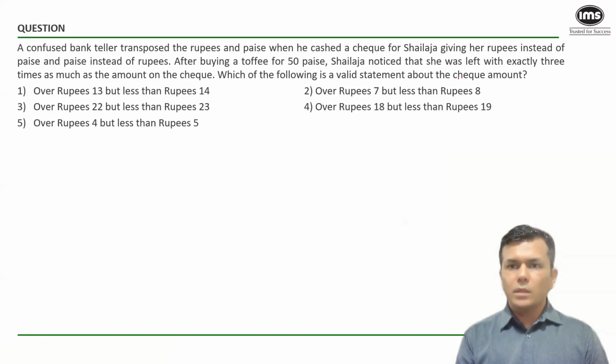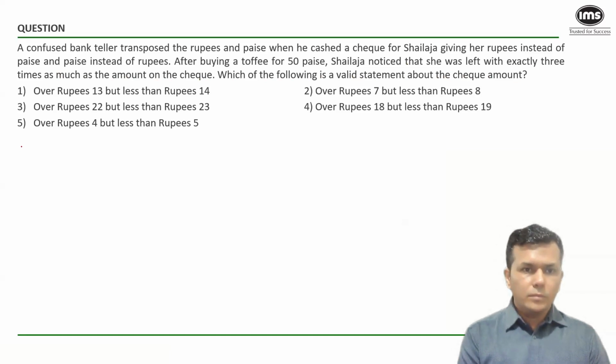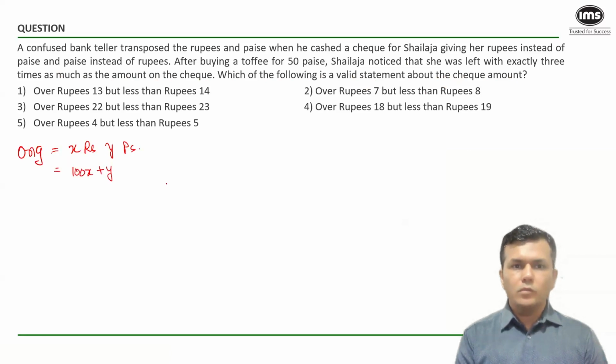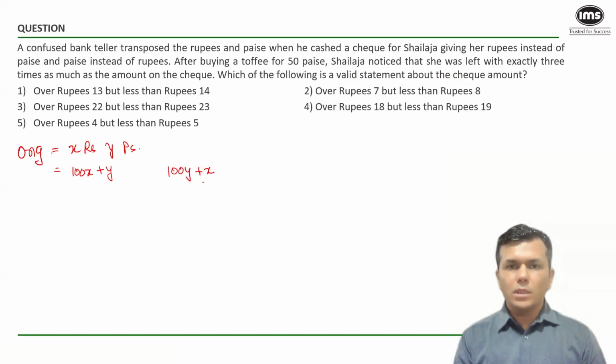So let us assume that the original check amount was X rupees and Y paise, which is nothing but 100x plus Y in terms of paise, right? Instead of 100x plus Y, the teller transposed the rupees and paise and therefore he encashed 100Y plus X, and then he gave this amount to Shelja.